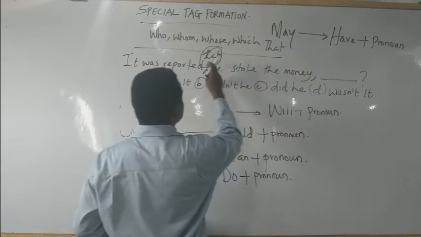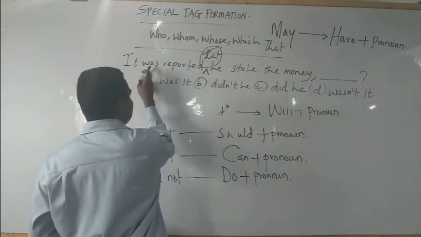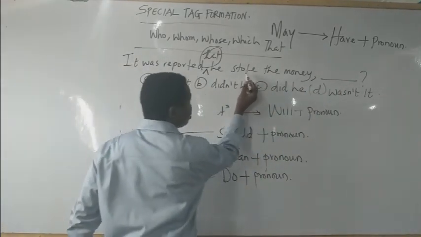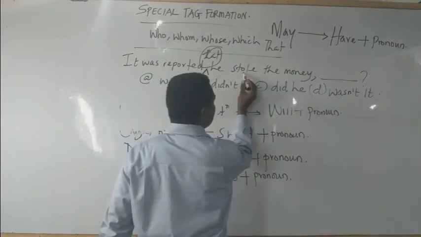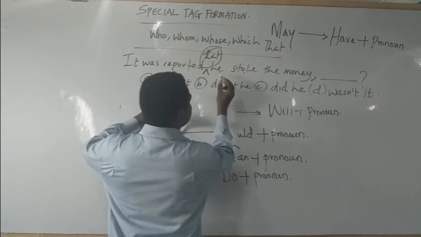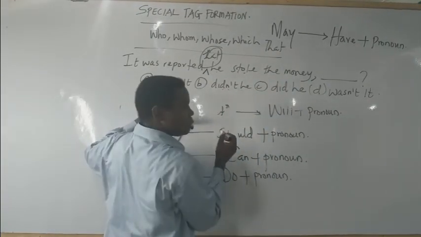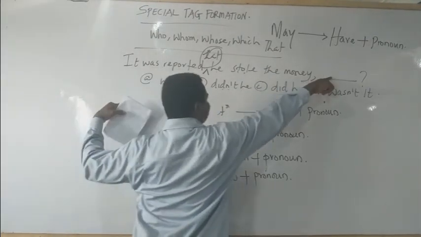As I said, you will use the auxiliary verb of the first clause. Don't use the verb of the second clause. It will be an error. If you use stole, your answer will be didn't he? Example, if I say, he stole the money, the answer is didn't he? But it is the first clause that commands the answer.